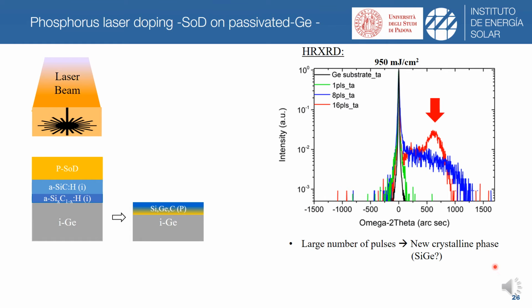In contrast, for the 1 pulse condition, we have not detected any new crystalline phase, and only the germanium substrate is observed, but with a slightly higher full width at half maximum, which could be indicative of some laser-induced damage, but this needs to be corroborated.